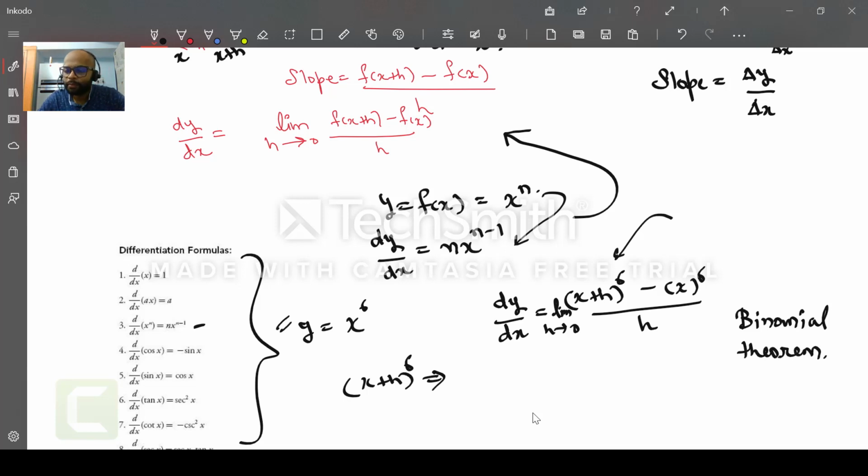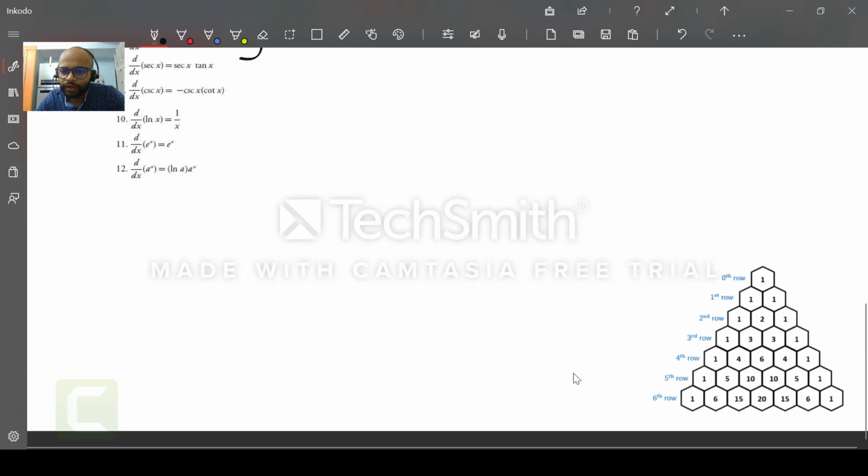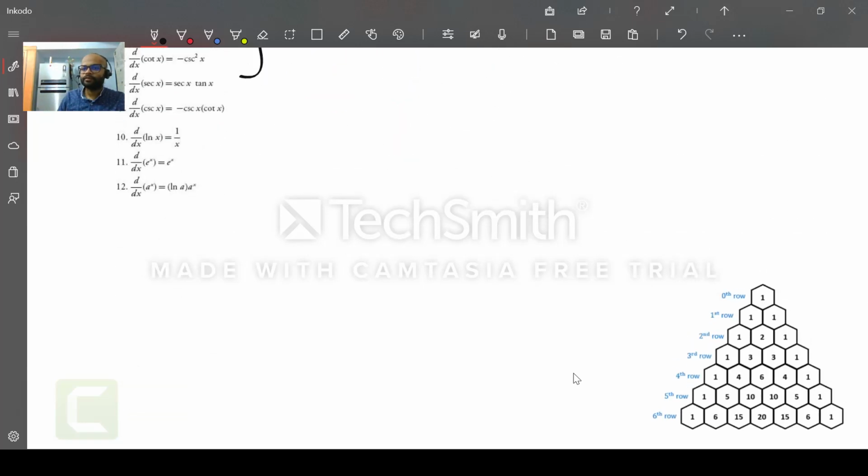And if you remember, in the previous video, we had learned a simpler way of solving binomial expansion. That was Pascal's triangle. So for example, you are to find x plus h to the power of 6, then you look at the sixth row.